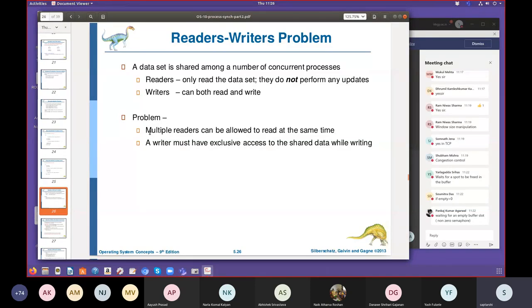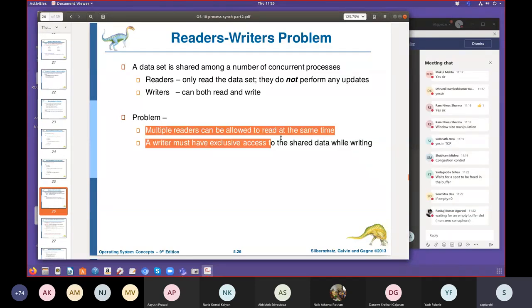And the problem definition says that multiple readers can be allowed to read at the same time because they are not updating anything. So there is no danger of the shared memory getting corrupted or a race condition happening. But a writer must have exclusive access to the shared data while writing. So when a writer is writing, no reader should read the data.